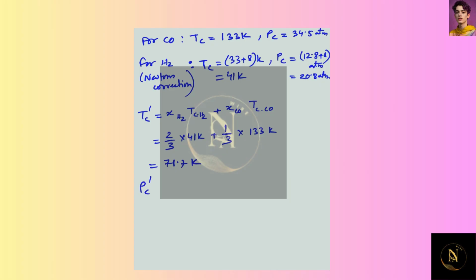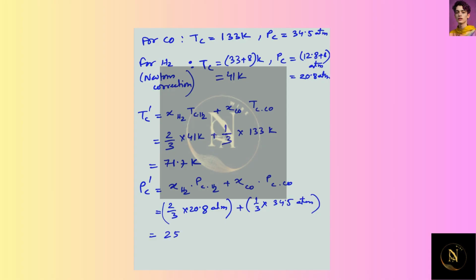Therefore, the pseudo-critical temperature is 71.7 Kelvin, and similarly the pseudo-critical pressure is 25.4 atmospheres.